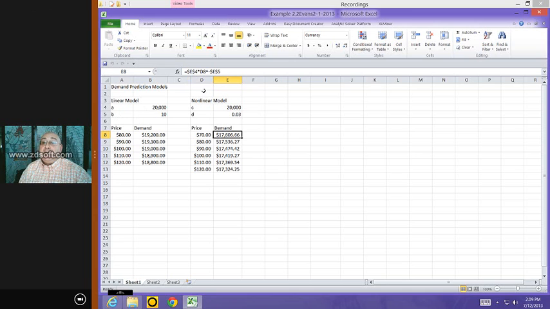Again, D8 is the $70, and minus $B$5 is the 0.03. So you can see here that this formula and this formula are a little bit different.